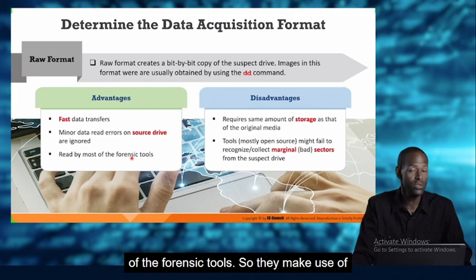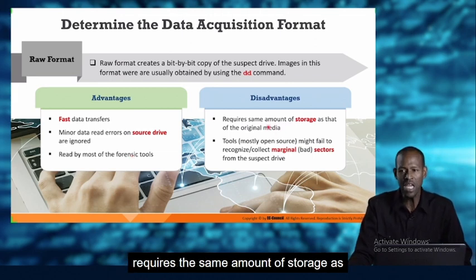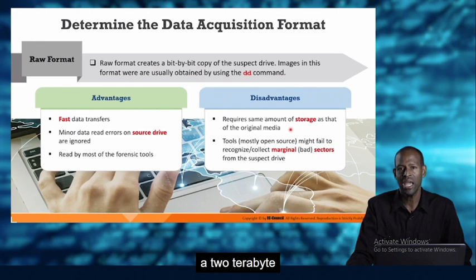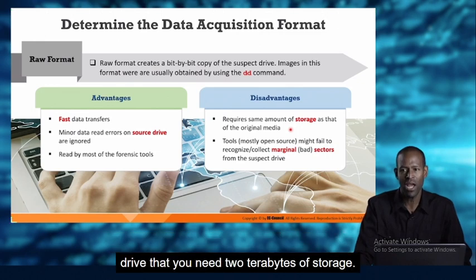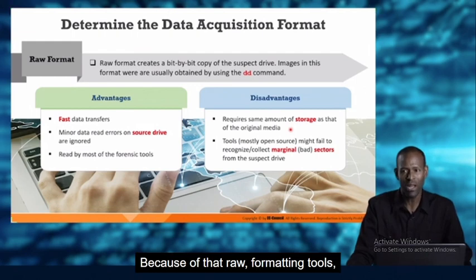So they make use of DD, but it has disadvantages. It requires the same amount of storage as the original media. So if the original media was a 2 terabyte drive, then you need 2 terabytes of storage because of that raw formatting.